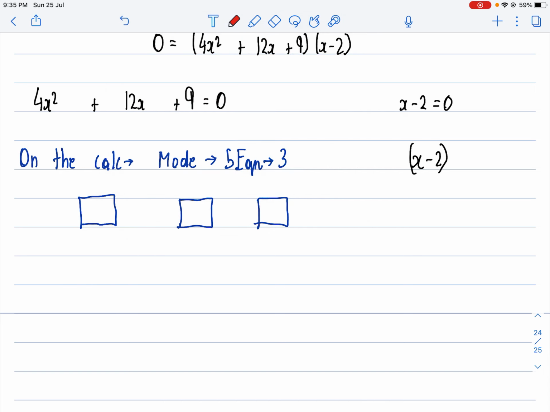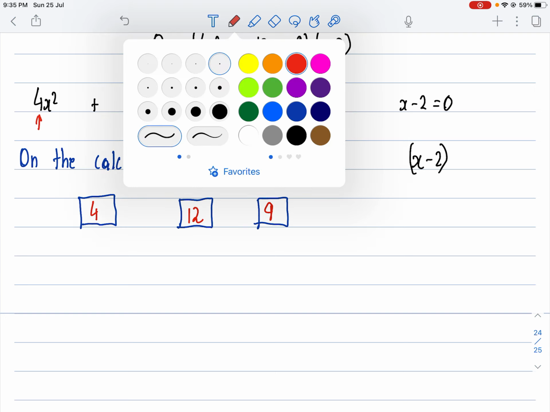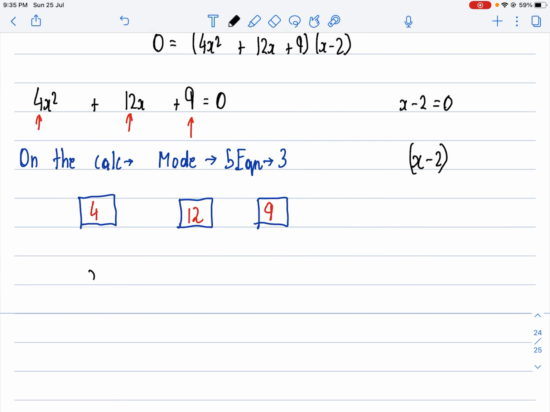In the first box, put the coefficient of x square, which is 4. In the second box, put the coefficient of x, which is 12. And in the last box, put the constant, which is 9. So when you put 4, 12 and 9, you basically get one answer. You only get one x, which is equal to minus 3 by 2.